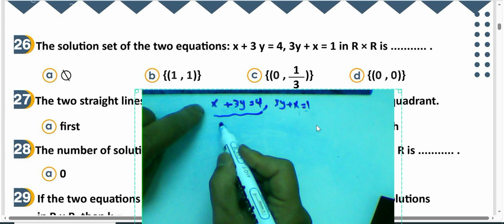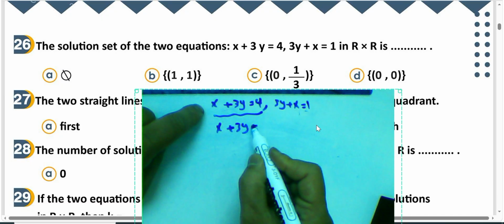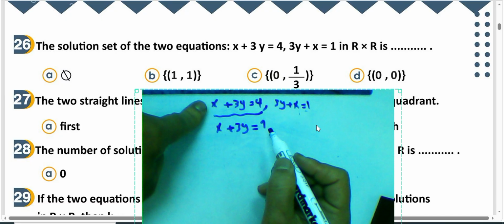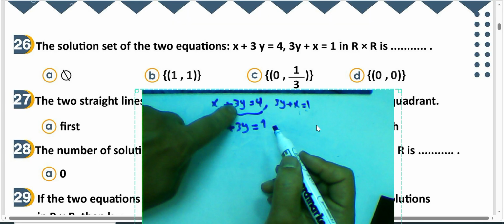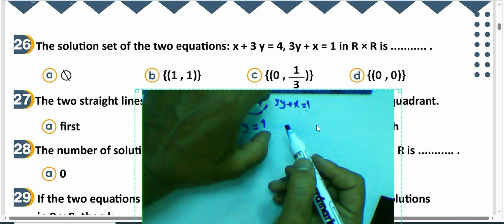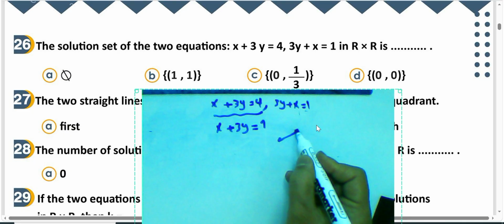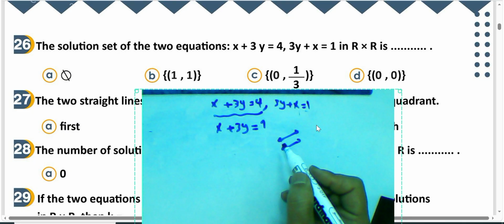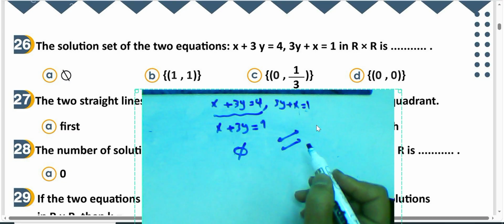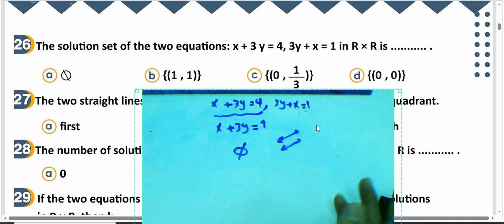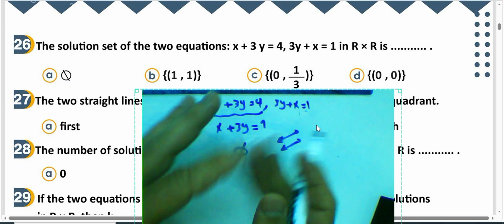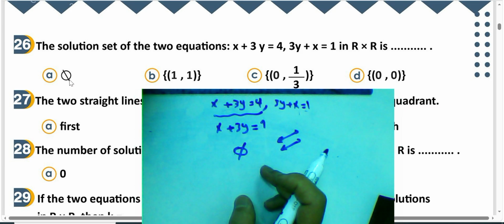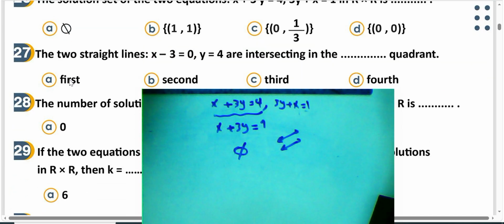I will rewrite the second: x plus 3y equals 1. Look here, the coefficient of x is like the coefficient of x, the coefficient of y is like the coefficient of y, but the constants are not equal. Then the first and second straight lines will be parallel. Then the solution set will be the null set. We don't have any solution, and the number of solutions will be 0 because the two straight lines are parallel. So the solution set is the null set phi. Choose letter A. Next question.